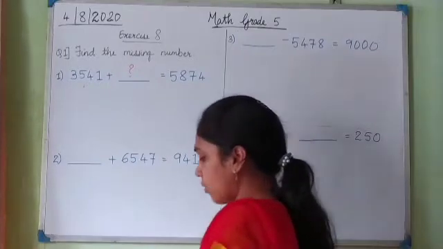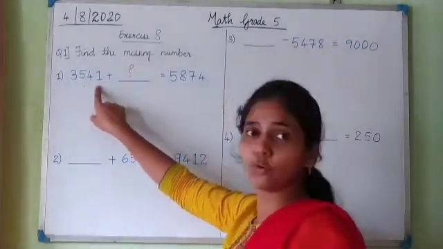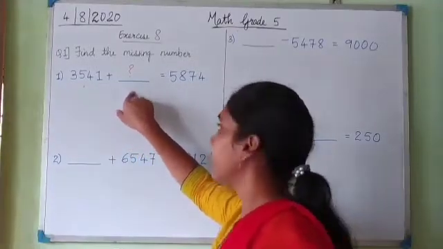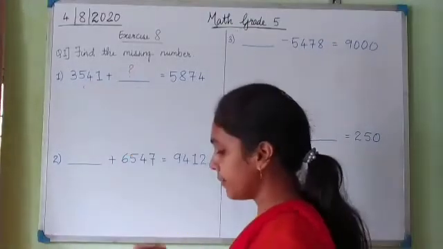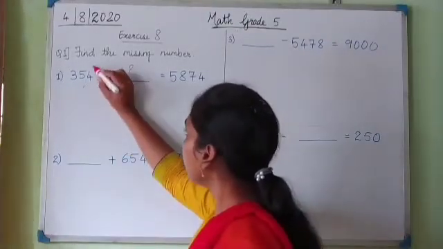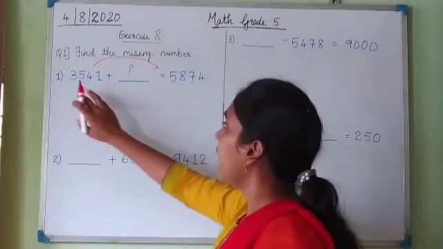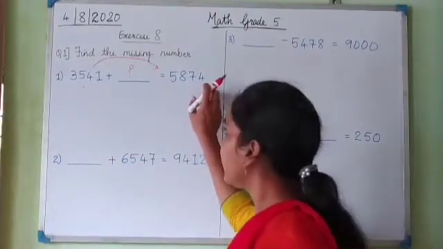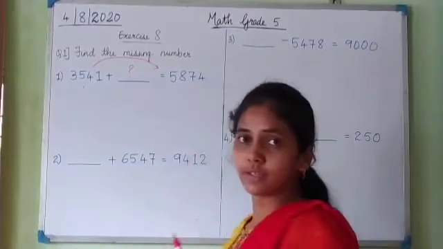Okay, so let's see how to do this. So now here you can see that this number 3541 is being added to the blank, right? After taking this number to the other side of the equal to sign, this is the equal to sign, if I am taking this number to this side, then this number will get subtracted from this number.